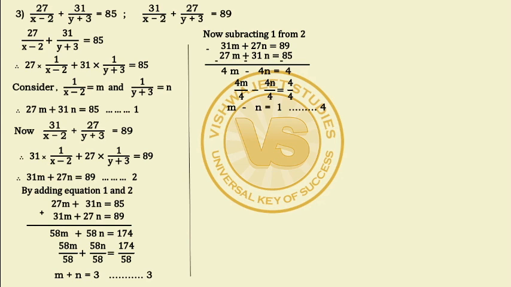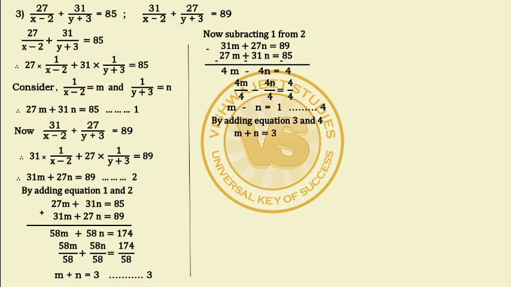Now, equations number 3 and 4 are simple equations to solve. Coefficients of variable n are the same and their signs are different in equations number 3 and 4. So, by adding only, variable n will be eliminated.